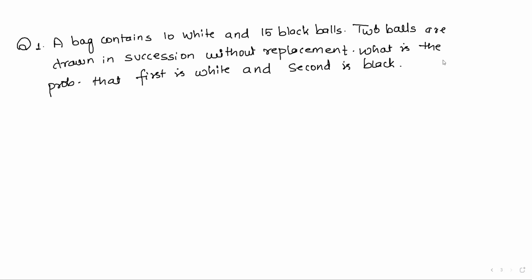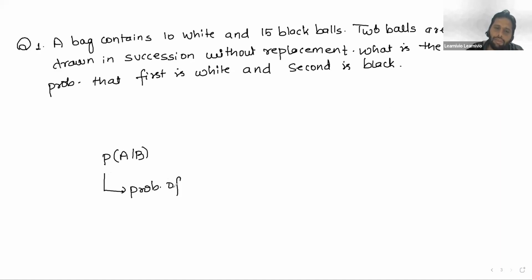Share your answer. In the meantime, Numa, I will explain to you what conditional probability is. P(A|B) means probability of A when B has already occurred.